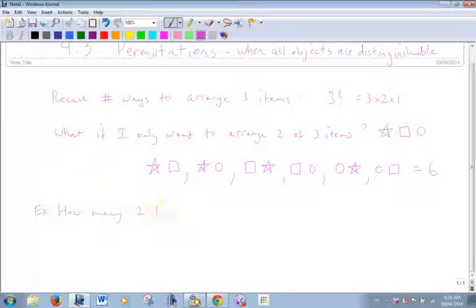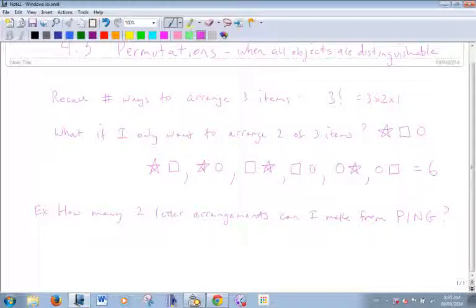How many 2-letter arrangements, okay, I'm not going to use the word words because if 2 letters don't make any sense, we don't usually call it a word per se. So that says I got a 4-letter word.